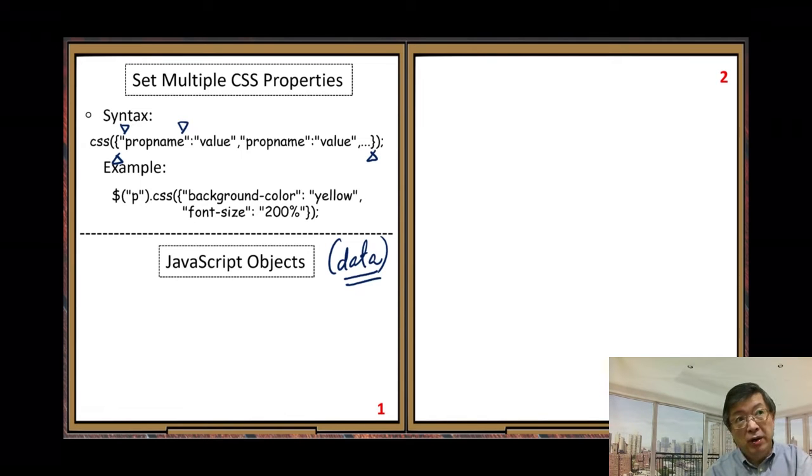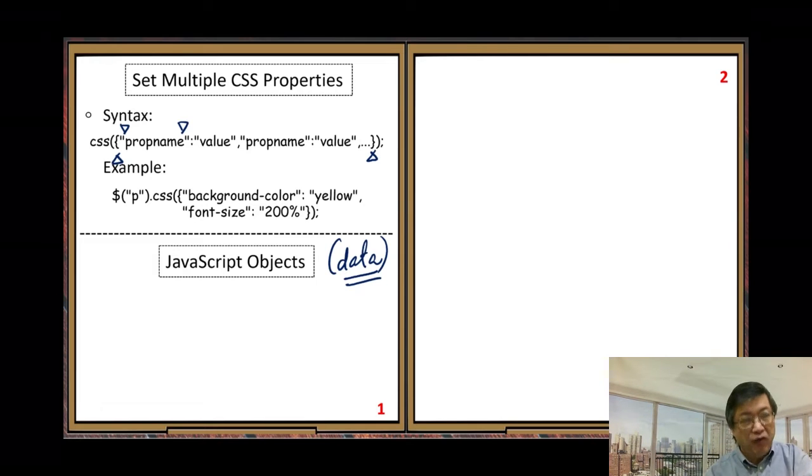But in the real world, many times we need to work on much more complicated data. So how complicated is it? We will see that. The data has some relationship between different items, or the data has some internal structure, so we need to represent the structure in the data. For that purpose, we need to use JavaScript objects.